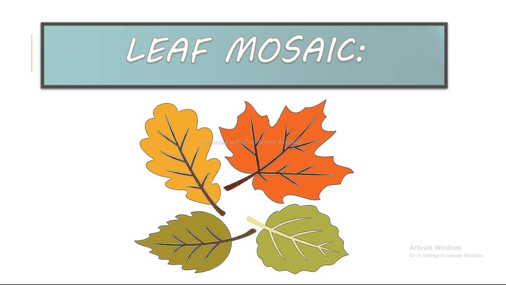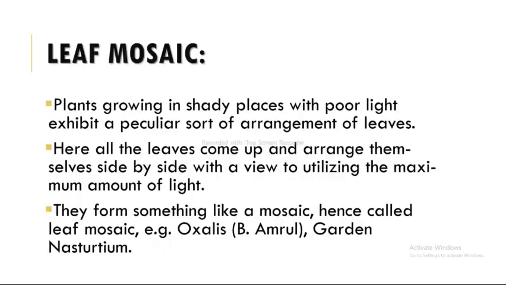So next I'm going to discuss about leaf mosaic. Plants which are growing in shady places with poor light exhibit a peculiar sort of arrangement of leaves. Here all the leaves come up and arrange themselves side by side with a view to utilizing the maximum amount of sunlight or light, and they form something like a mosaic.